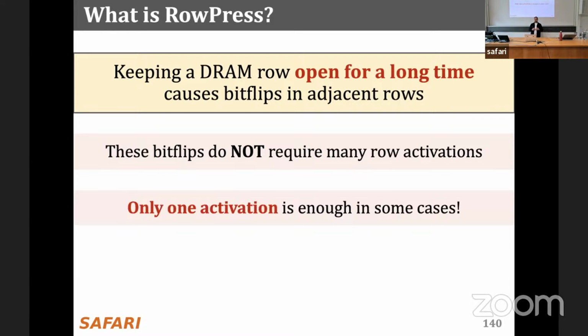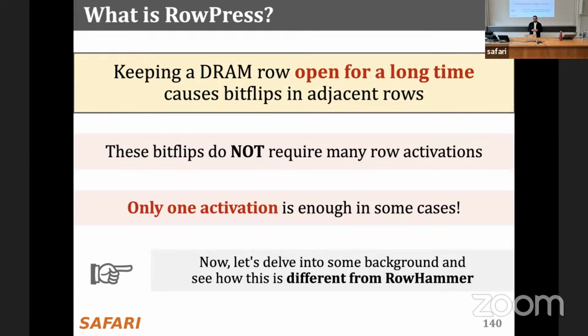And in some extreme cases, you can achieve bit flips with only one row activation. You activate a row, wait for a very long time, which is, I would say, not practical in current systems today. But if this phenomenon exacerbates, then it can be quite practical in the future.